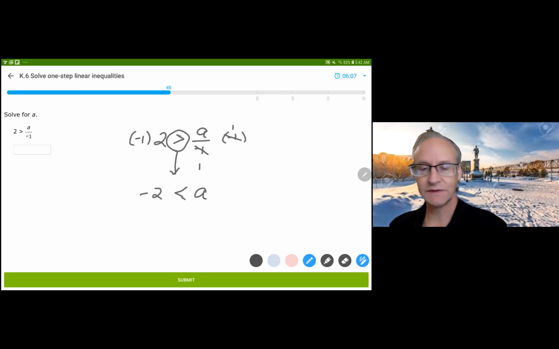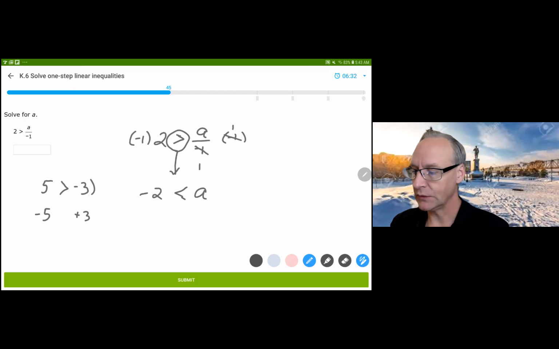And here's the reason. I'm just going to give you the quick reason for why this is true. Everyone can probably agree that 5 is greater than -3. But look what happens when I multiply by -1 on both sides. If I multiply 5 by -1, I get -5. And when I multiply -3 by -1, I get +3.